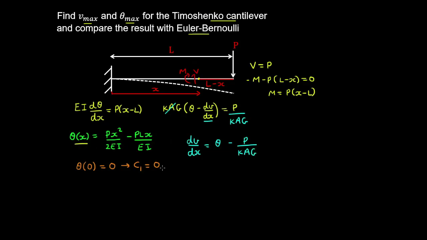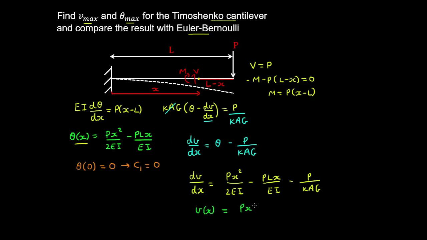And then substituting for theta, we obtain dv/dx is Px squared on 2EI minus PLx on EI minus P on kappa AG. And integrating this equation, we obtain an expression for the deflection.